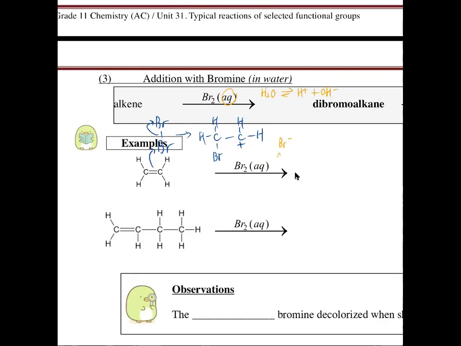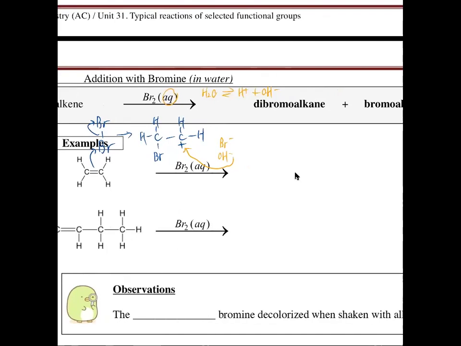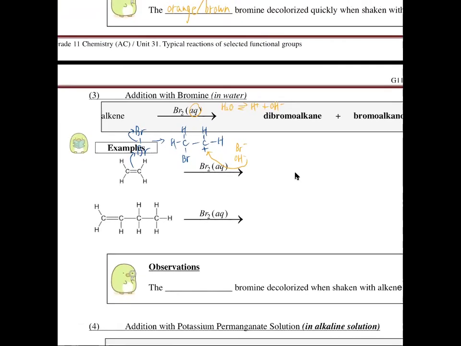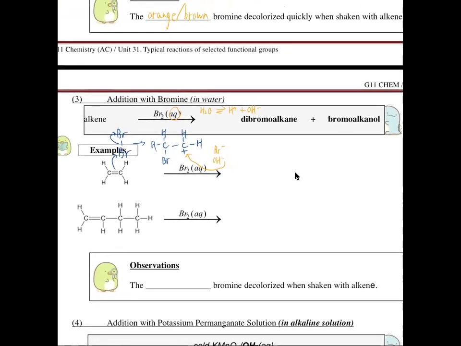So here we also have the choice of the hydroxide ion. Remember the arrow goes from the negative charge to the positive charge, so it can go to that side. It would form a side product, which is the bromoalkanol. That's a side product.